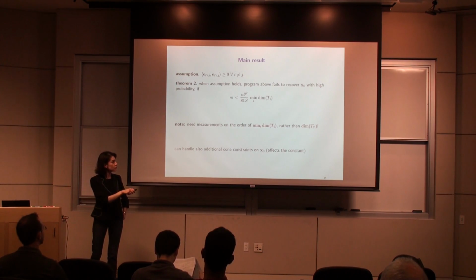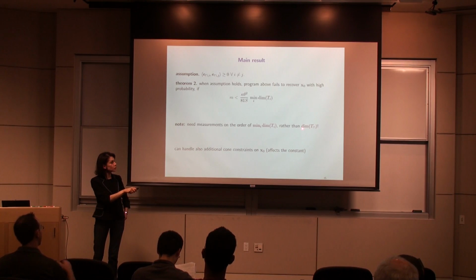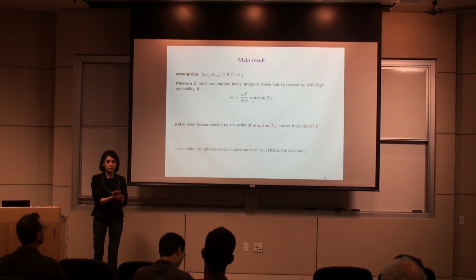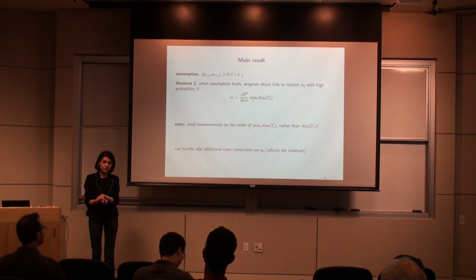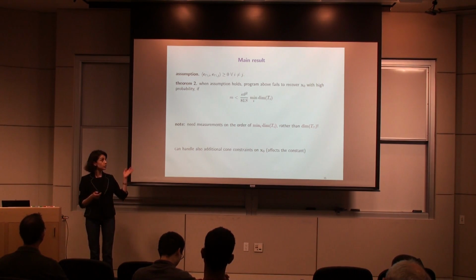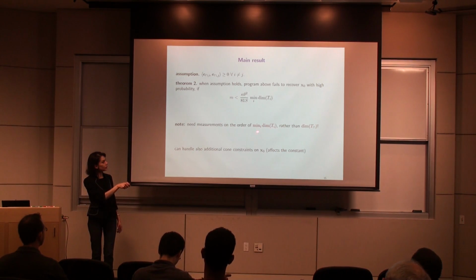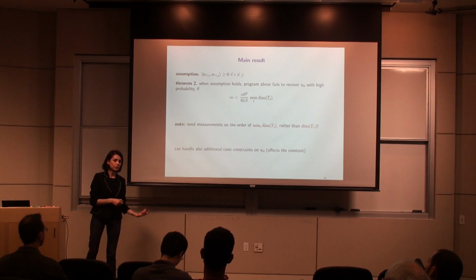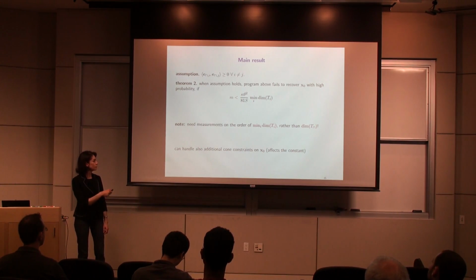But it's a bit surprising, because we would have expected the number of measurements needed for recovery to be proportional to the dimension of T cap, the intersection space, because that's where X naught is, and X naught is actually quite low dimensional. But we are stuck with the minimum of the dimensions of the T_i's, and if all these T_i's have a high dimension, this minimum could be very large. So we see conceptually a gap between this and this. We don't get what we think is the right measure of complexity of the object.